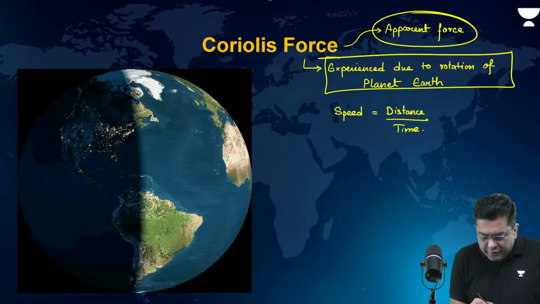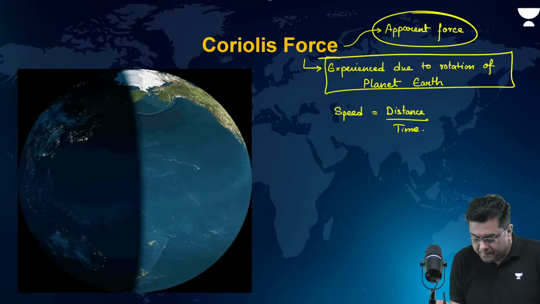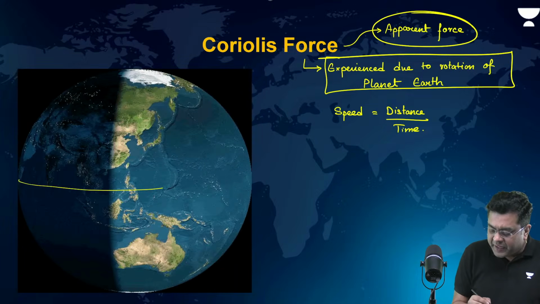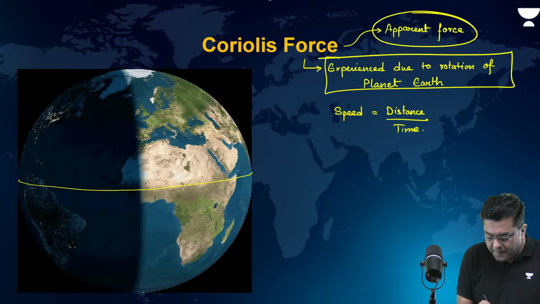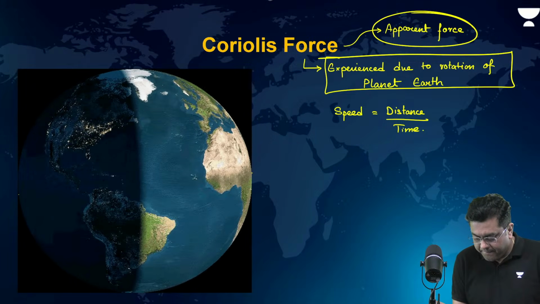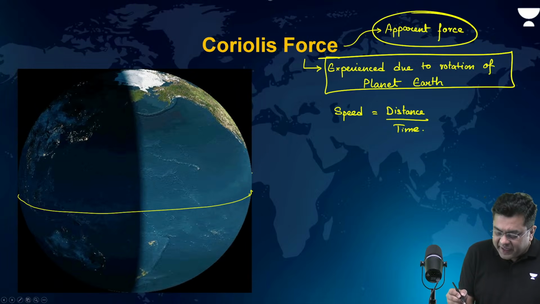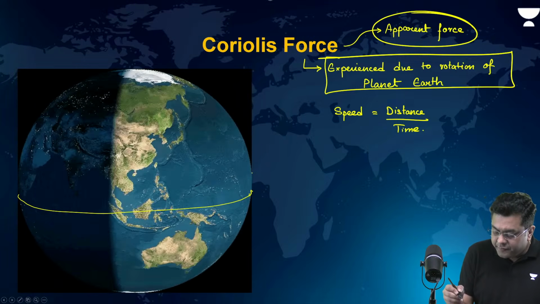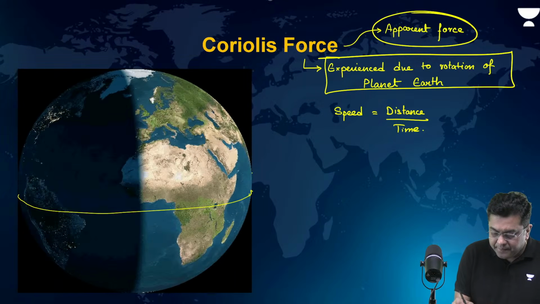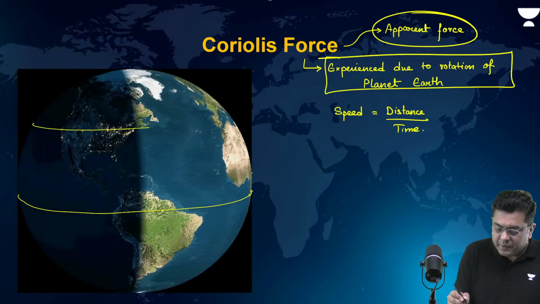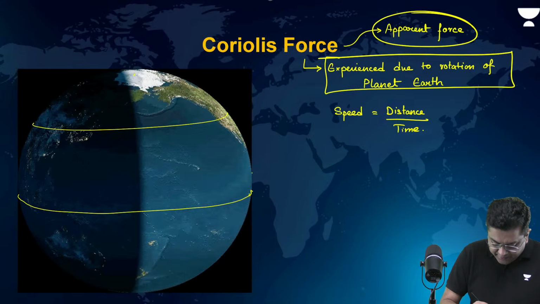So, if you consider this rotating planet, let's suppose we consider the region of equator. Let us suppose we consider the region somewhere here. And let us suppose we consider the region here, that is the poles.